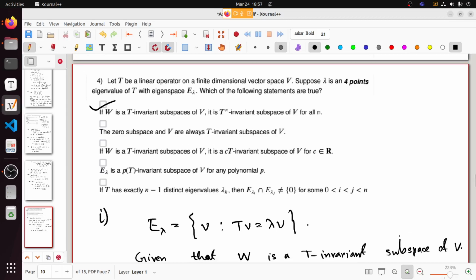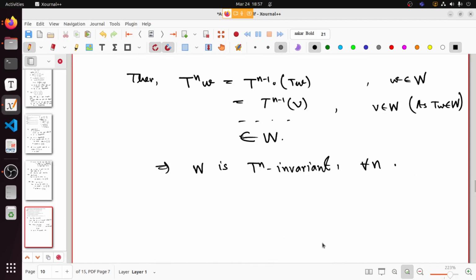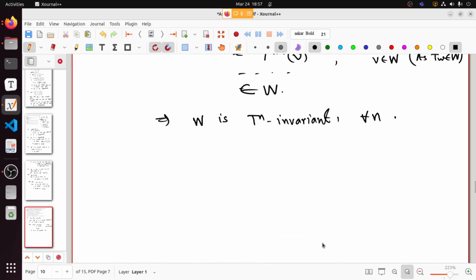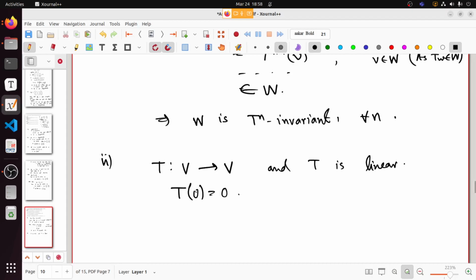Now let's take option number 2. The 0 subspace and V, the whole vector space, are always T invariant subspaces of V. So these are just by the definition of linear operator. We know that T is a map from V to V, and T is linear. So linear means T maps the 0 element to the 0 element, right?